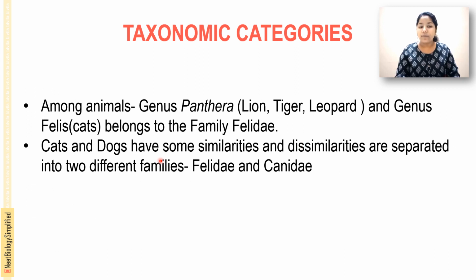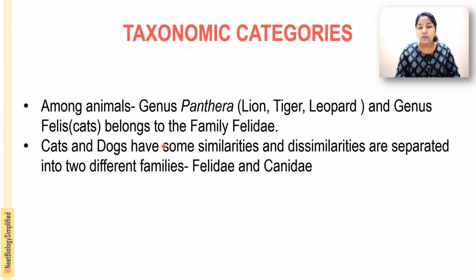And in the case of animals, the lion, tiger and leopard come under the genus Panthera. And the genus Felis includes the cats. Even though the cat comes under the genus Felis and the lion, tiger, leopard come under the genus Panthera, they come under a single family, that is Felidae.